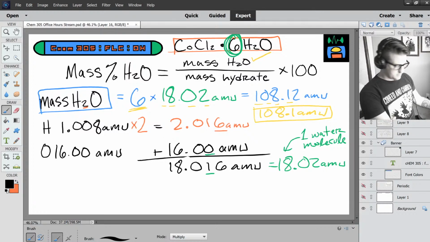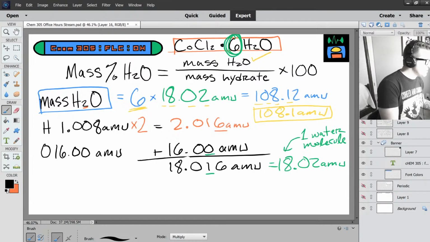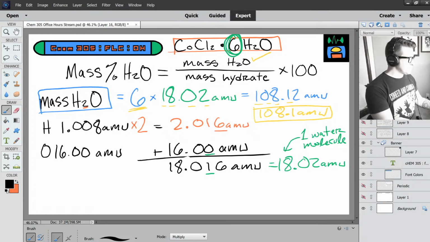I'm just double checking my math real quick, and let me make sure I pulled the right atomic mass for cobalt.